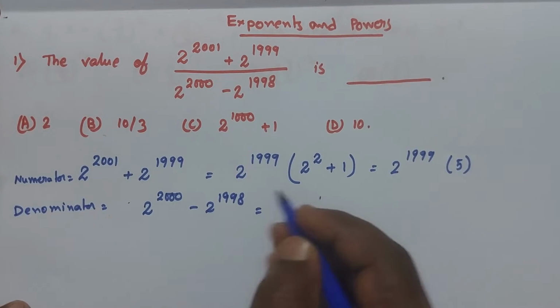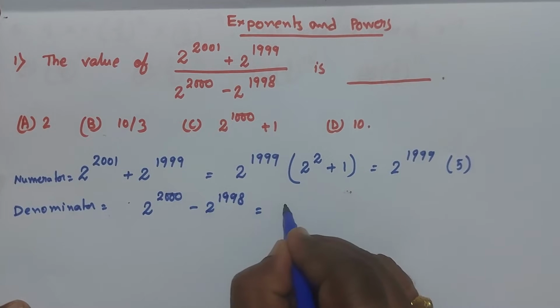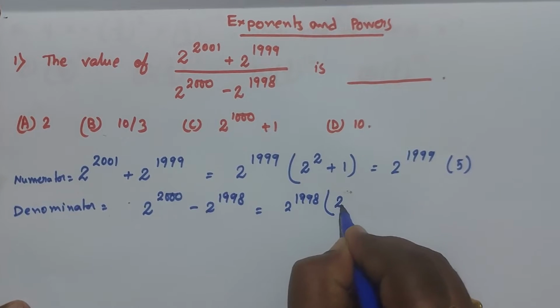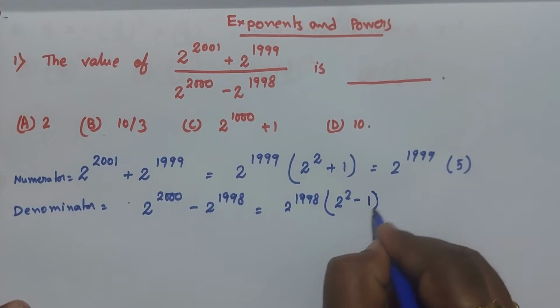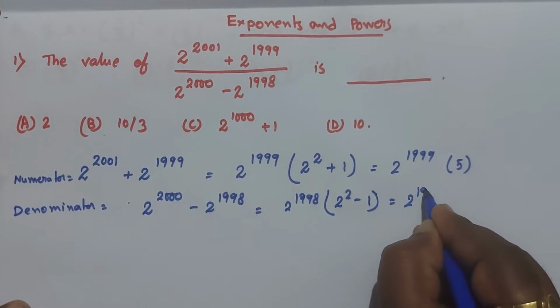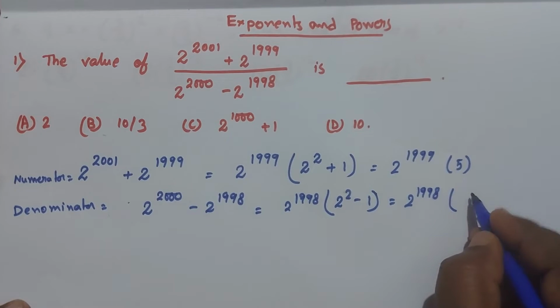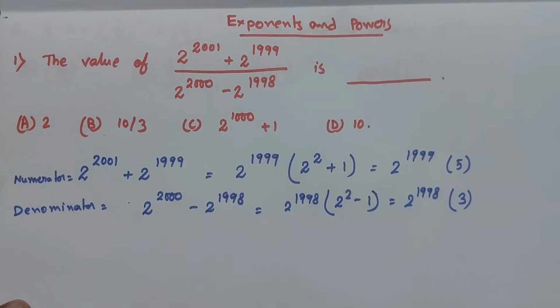If I take common 2 to the power 1998, then it is 2 square minus 1. So this is 2 to the power 1998 into, 2 square is 4, 4 minus 1 is 3.